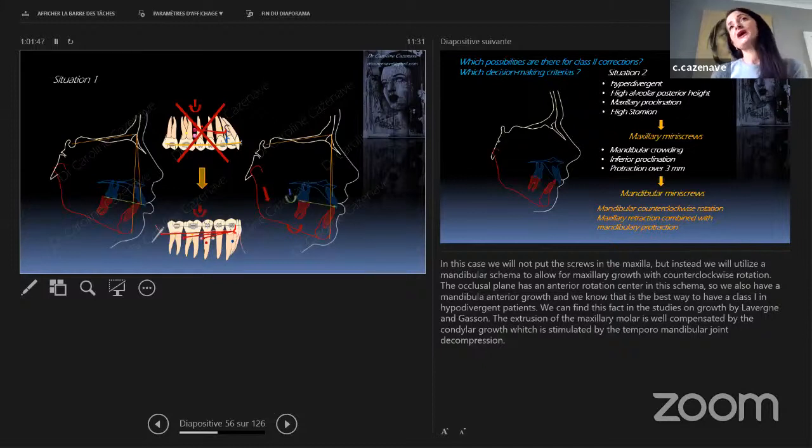So you have understood that in this case, we will not put the screws in the maxilla, but instead we will utilize a mandibular schema to allow for maxillary growth with counterclockwise rotation. The occlusal plane has an anterior rotation center in this schema.